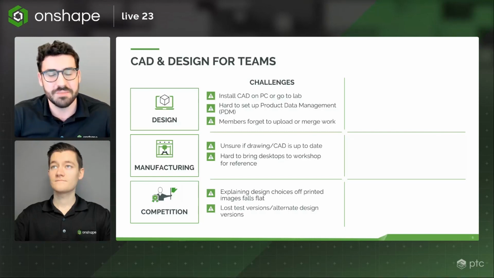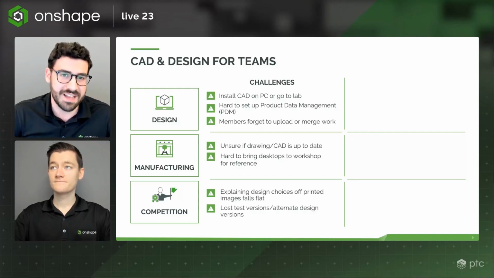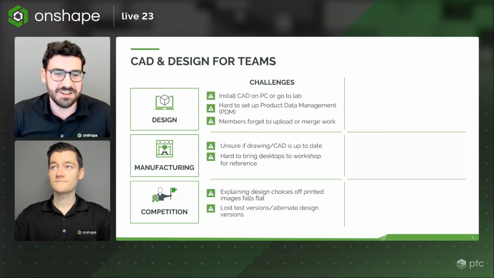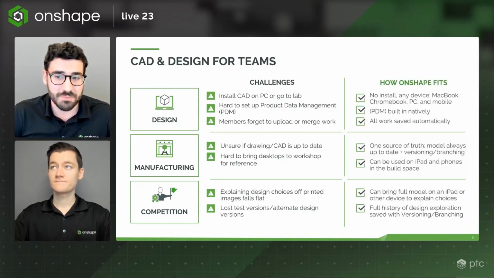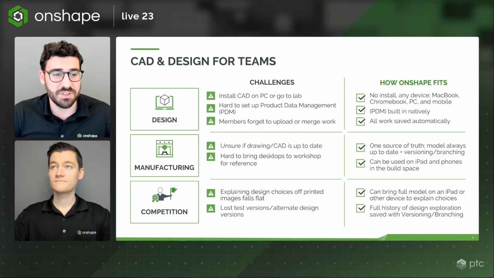I'd screen captured some pictures of the suspension, a design I was going with, and a design I changed to. And trying to explain the differences was really hard when all I had were a couple of these screenshots. Onshape really can fit into this workflow and get rid of a lot of those challenges.